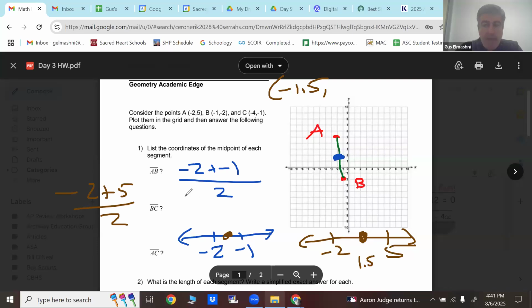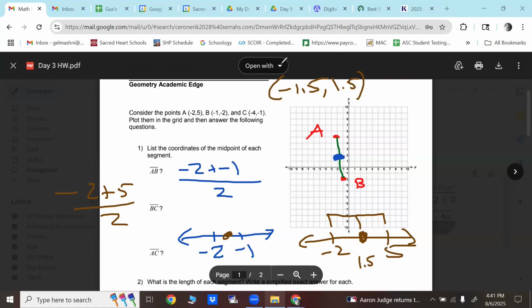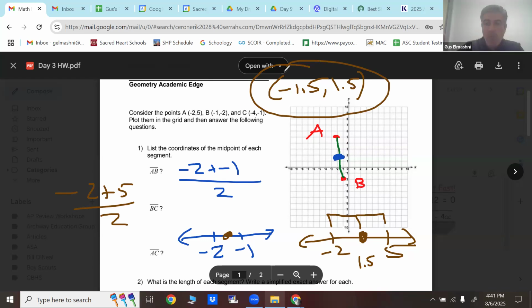Because if you average it, you have to add them up and divide by 2. That's 3 over 2, which is 1.5. So you have negative 1.5, comma 1.5.